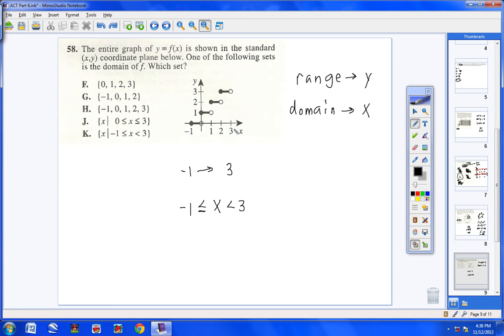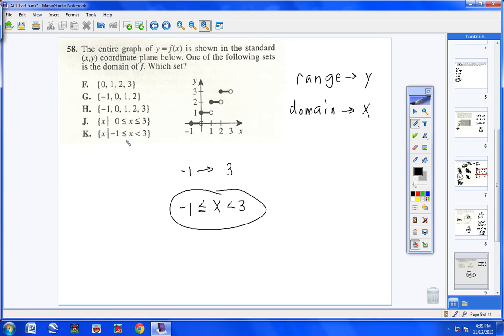So the domain for this graph, if you study just the x values, not the y's, because domain deals with the x values, you will see x is defined all the way from -1 to 3, but not including 3.